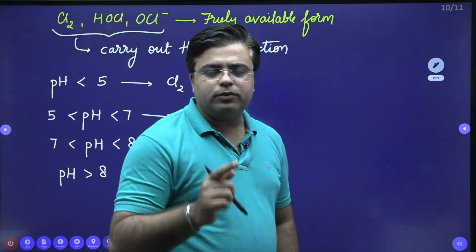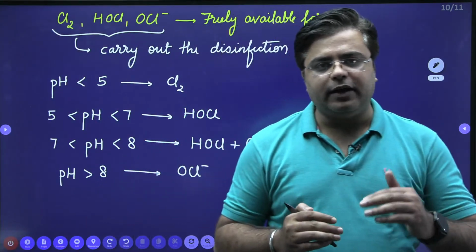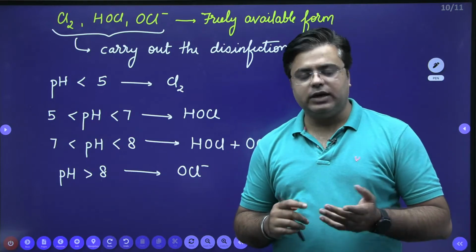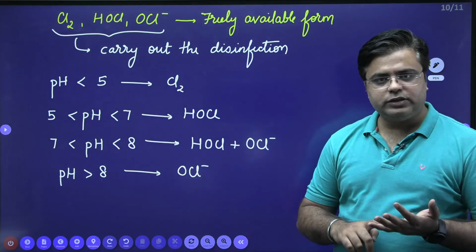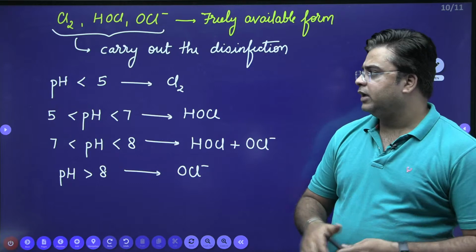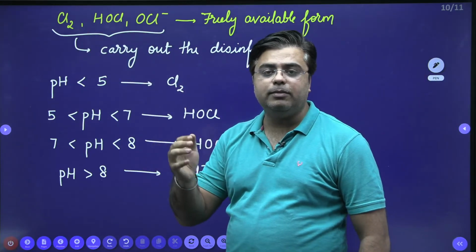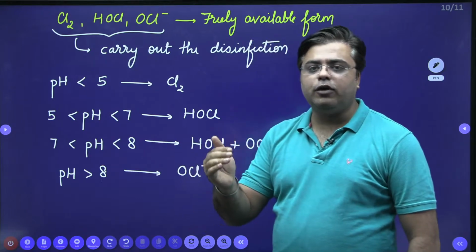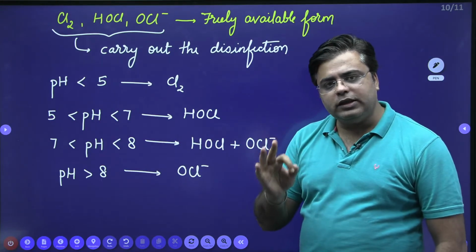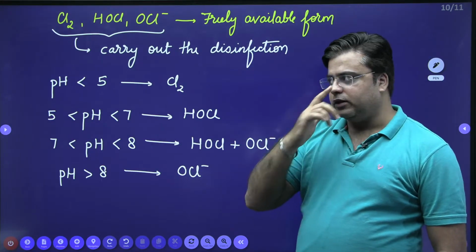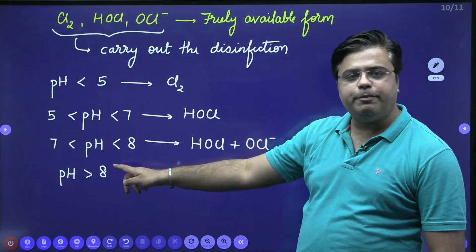The three forms of chlorine that are available to carry out the disinfection are Cl2, HOCl and OCl minus. These three forms are known as freely available chlorine or free forms of chlorine. All these three carry out the disinfection, but they are available at different pH.